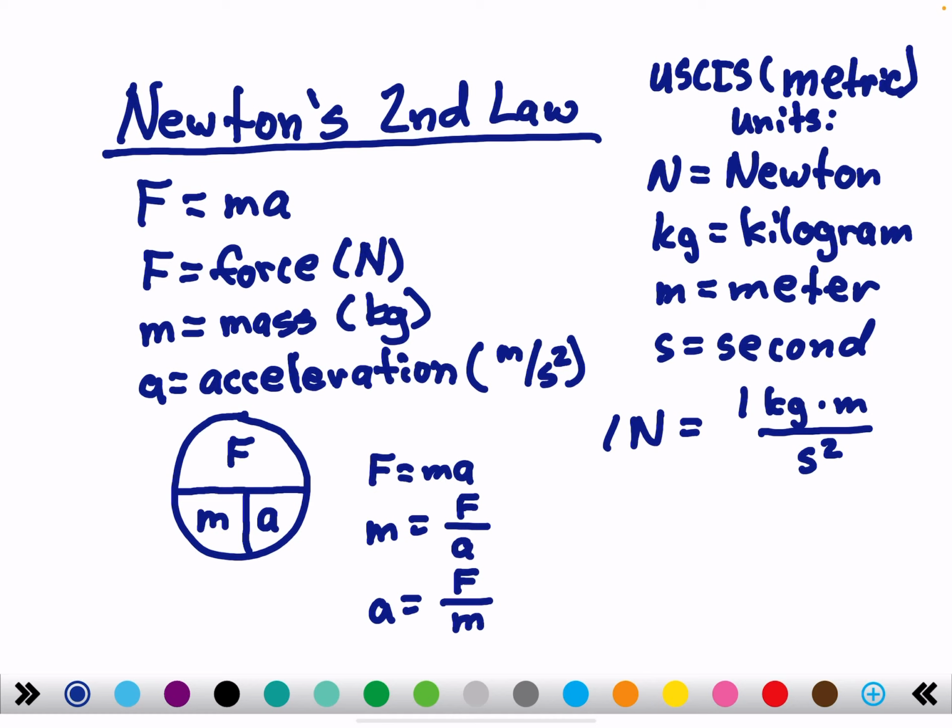If you're looking for mass, you cross out m, and you have force on top divided by acceleration. So when one variable is on top of another, that indicates a division. When you're looking for acceleration, you cover up the a, and that would be force in the numerator divided by mass in the denominator.